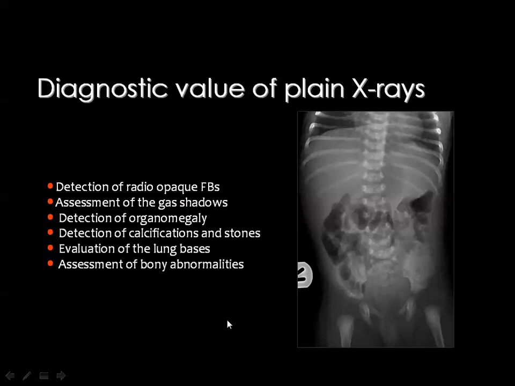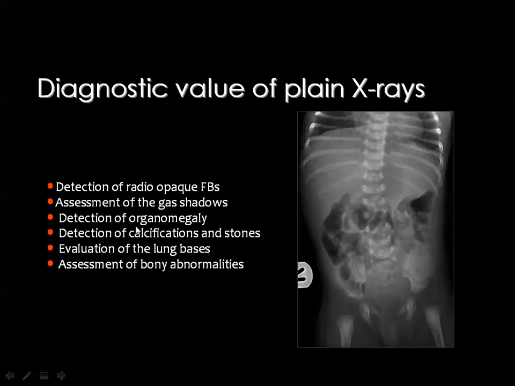The value of the plain X-ray, especially in pediatric population, is very, very important. By plain films, we can detect radiopaque foreign bodies. We can assess the gas shadow, which is very important in evaluation of GI congenital anomalies, as I will mention.